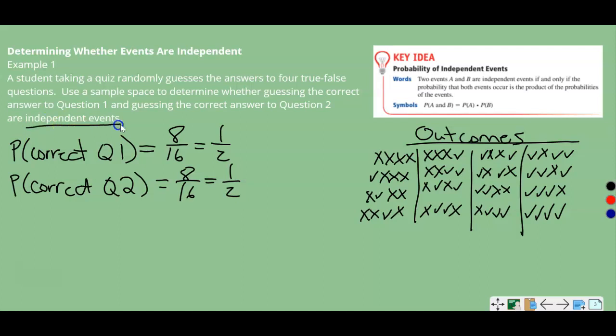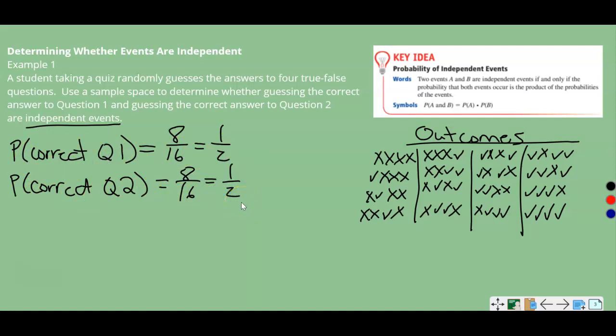See if these are independent. So how do we know if they're independent? So the probability of A and B equals the probability of A times the probability of B. So what is A times B? Let's say this is probability of A right here, question 1. Probability of B, question 2.